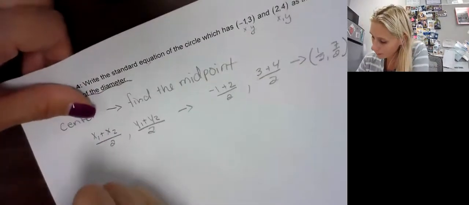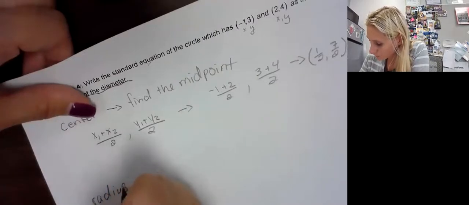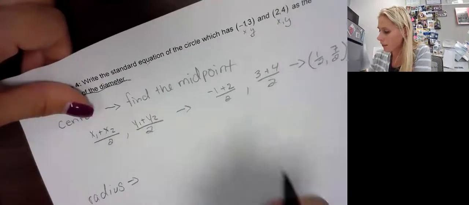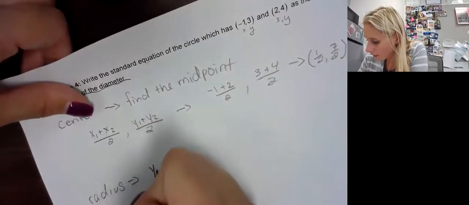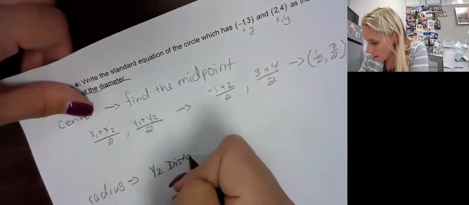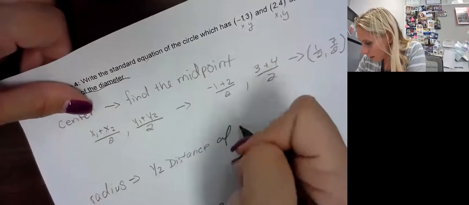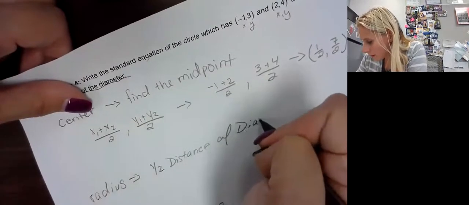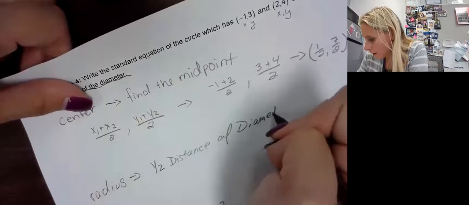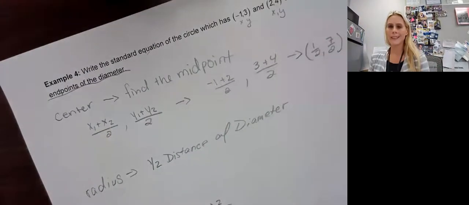Okay, we're missing the radius. How do we find the radius? Well, think of this. The radius is half the distance of the diameter. Okay, so what's the distance formula?